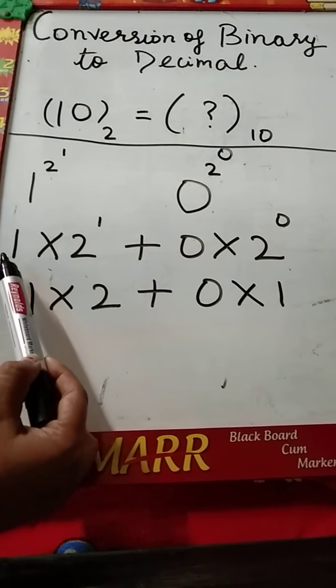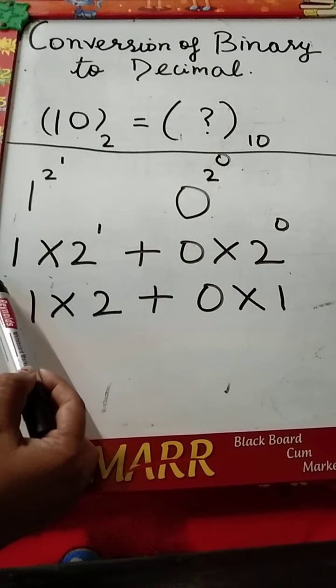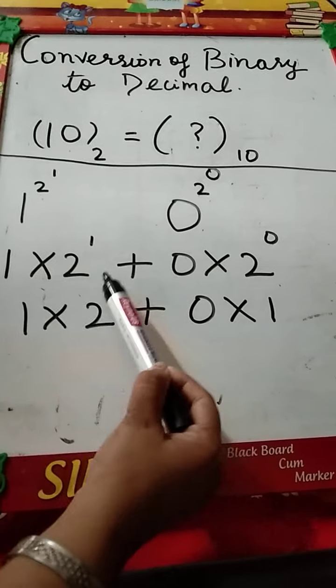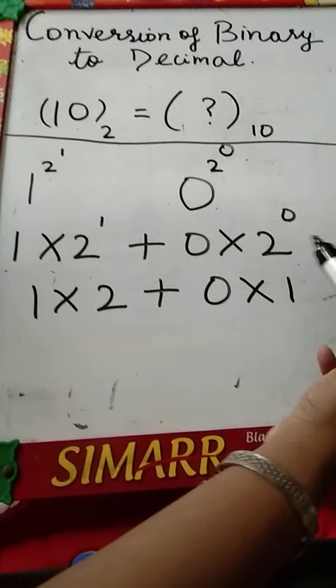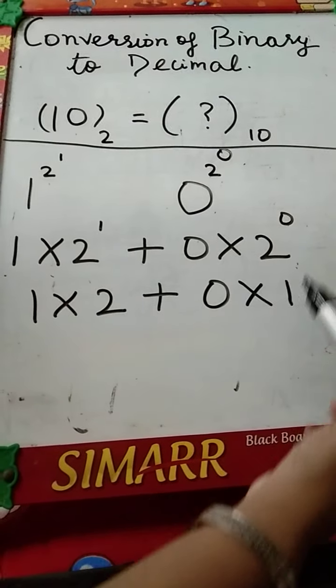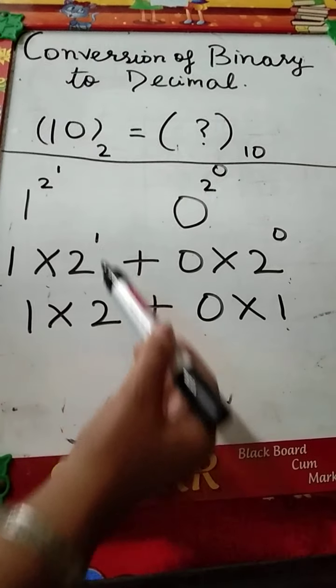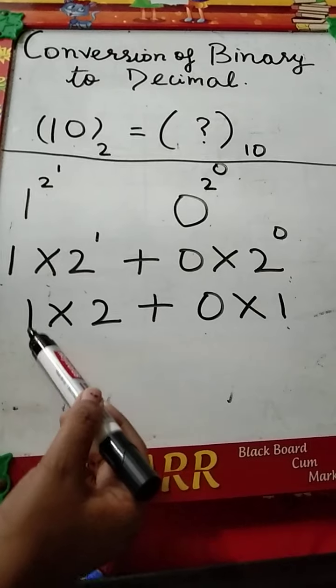So students, we should always remember one thing: we should write it from the right to the left side. Here we can solve: 2 raised to power 0 is 1, multiplied by 0. Here 2 raised to power 1 is 2, multiplied by 1.